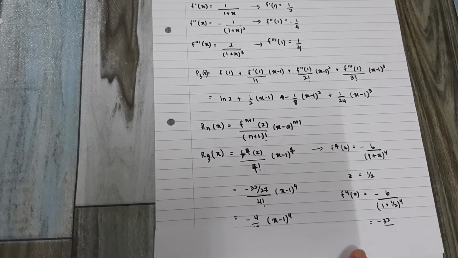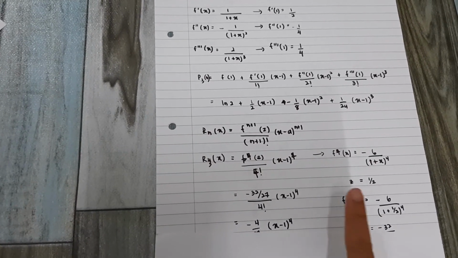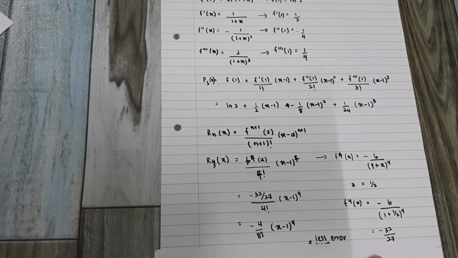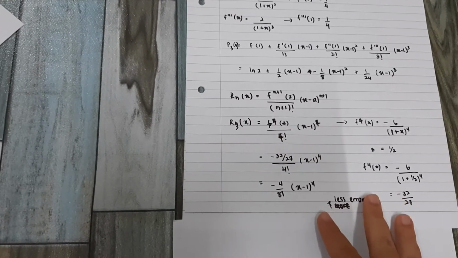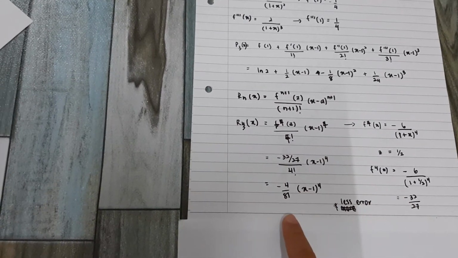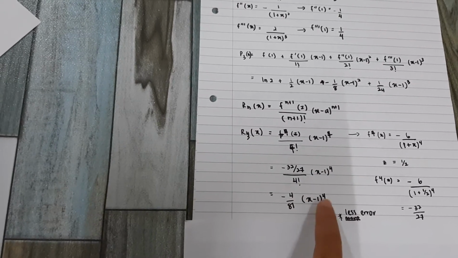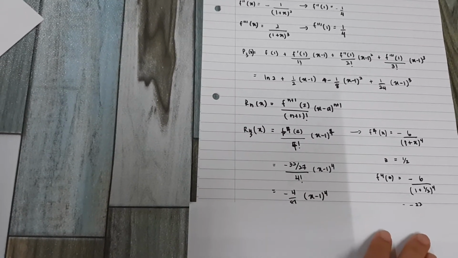We insert it into the 4th derivative that we have derived, so we got negative 32 over 27. We substitute into the remainder formula, then we got negative 4 over 81 times (x minus 1) power of 4.